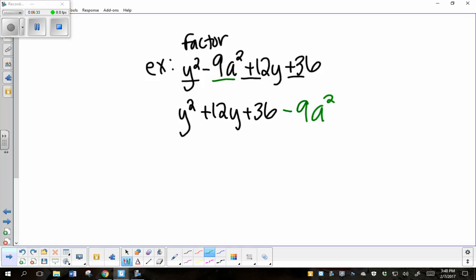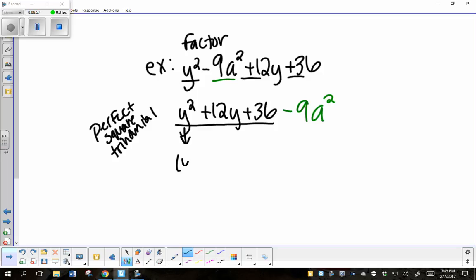So now I'm seeing something a little nicer here. If I just focus on the y squared plus 12y plus 36, I think I can factor that as a perfect square trinomial, because the first term is y squared, and my last term is a perfect square, it's 6 squared.